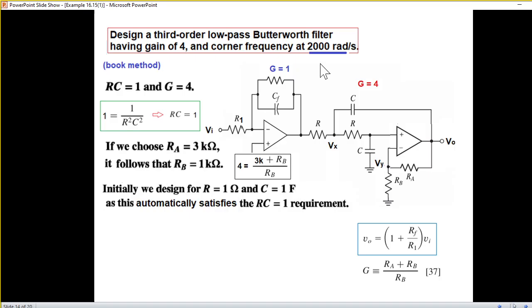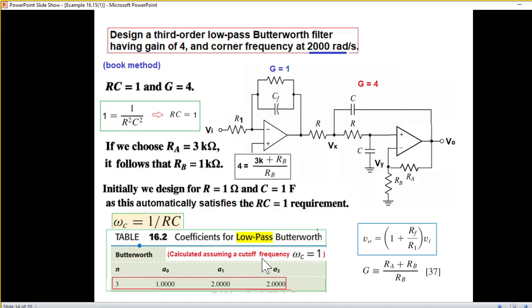But we have to actually design it for 2000 radians per second. So there comes the scaling factor. Omega C is this. We have used these values for omega C is equal to 1.